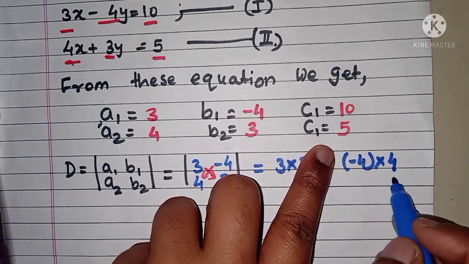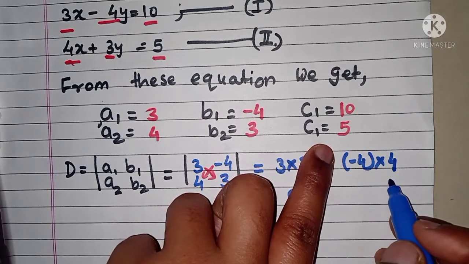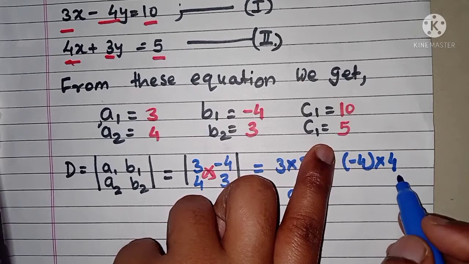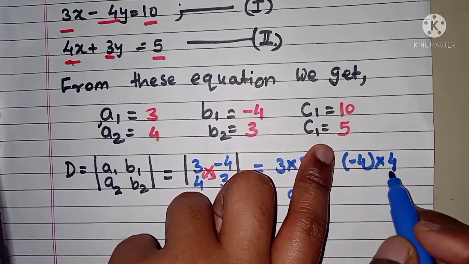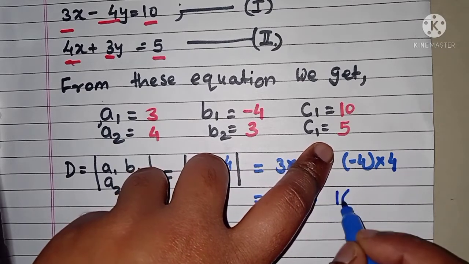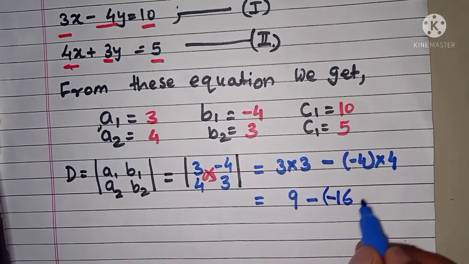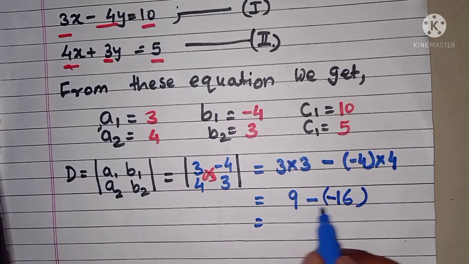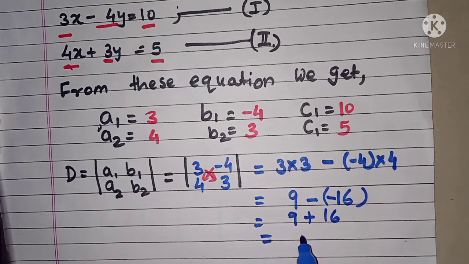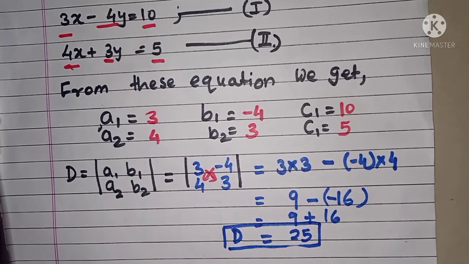Now it is your multiplication part, so first carry it forward. Minus 4 into 4 will be 16 and 1 minus sign, that means it will come 9. Now you know if two signs are together only one we can write, that is minus minus plus, and you got the answer 25. Okay, now you got D as 25.